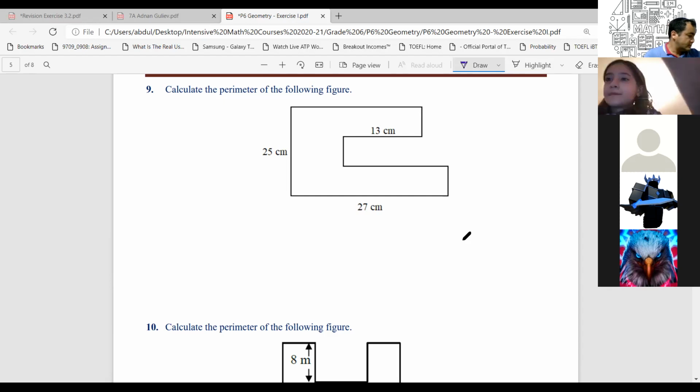Should we add the other part to make a rectangle? I don't know. Time is up. Any answer? 1 second, I'm almost finishing. Okay. Yasmin, why are you so quiet?